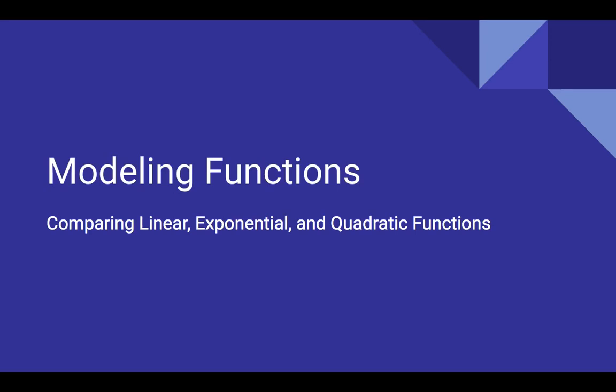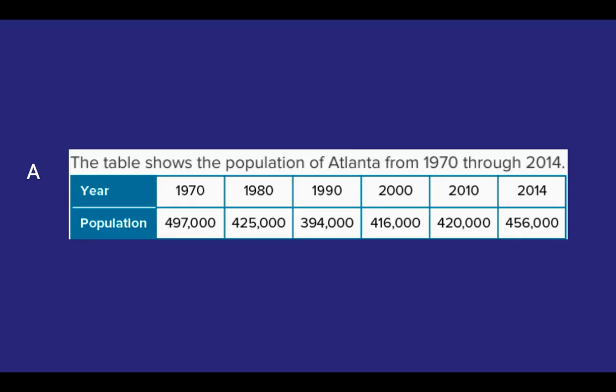Our last unit in algebra this year is going to be determining which type of function best models data. So we're going to be comparing linear, exponential, and quadratic functions. We might be given information in a table.